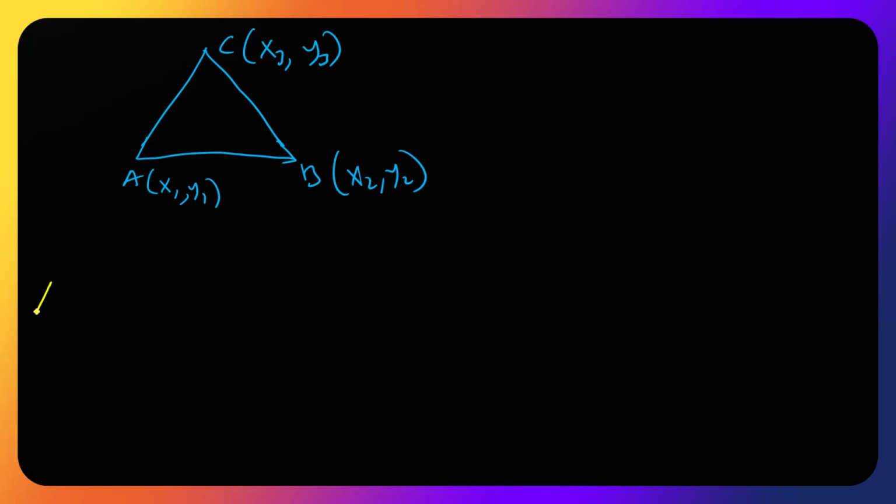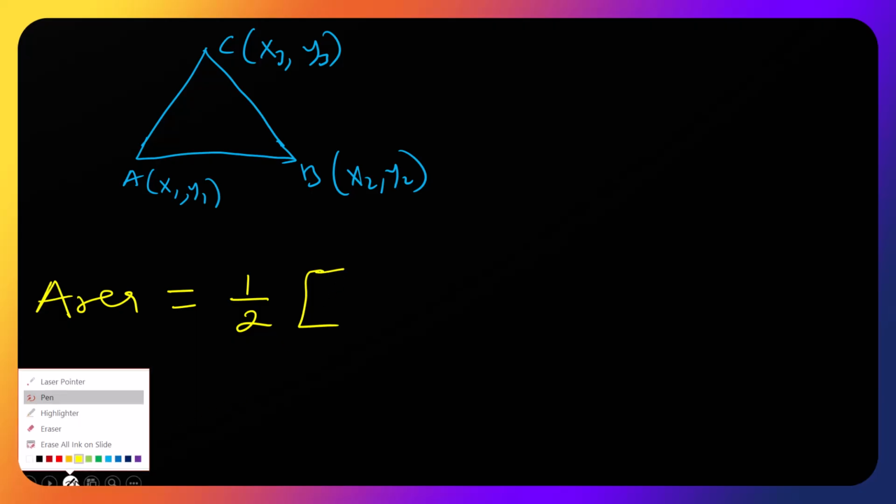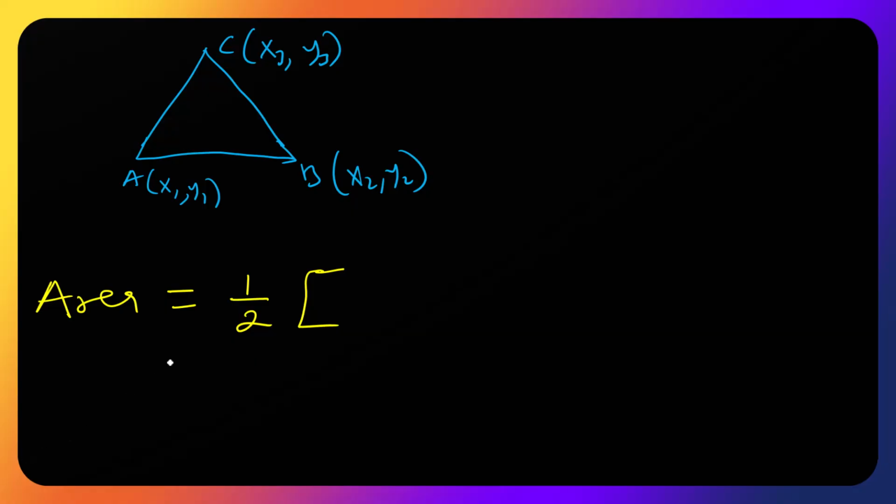So the area is given by half times. Let's observe the strategy, how I'm going to write the formula.